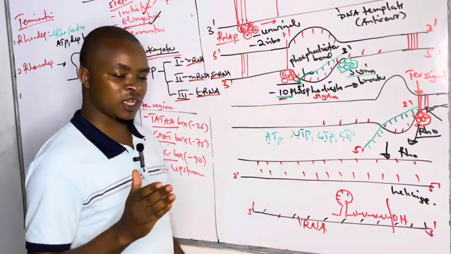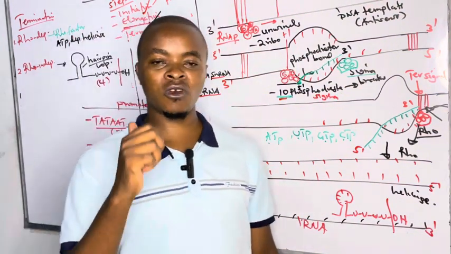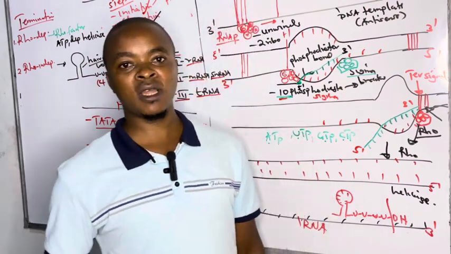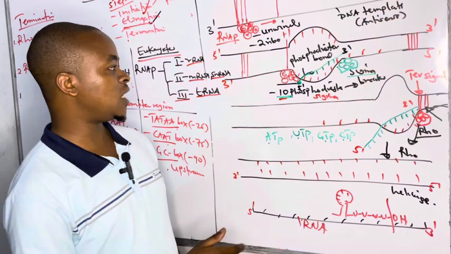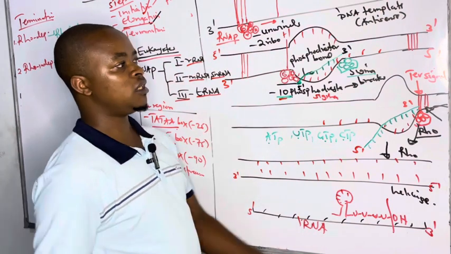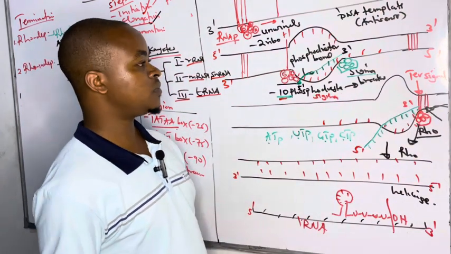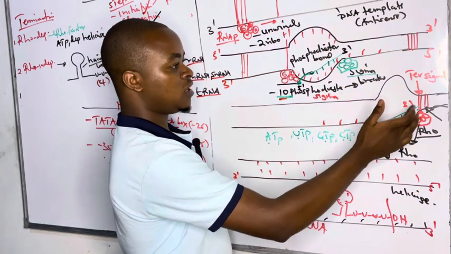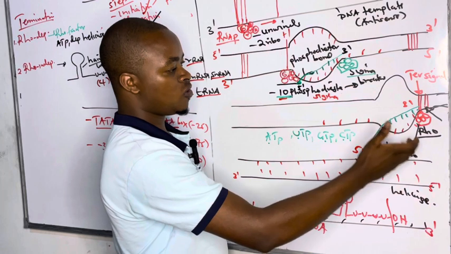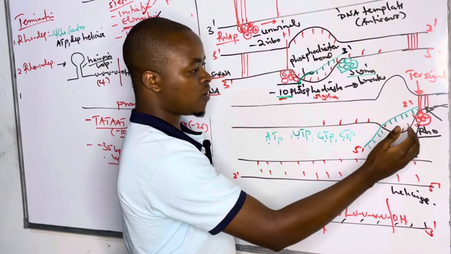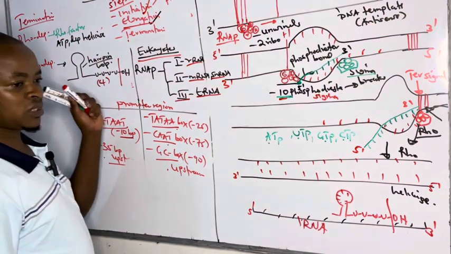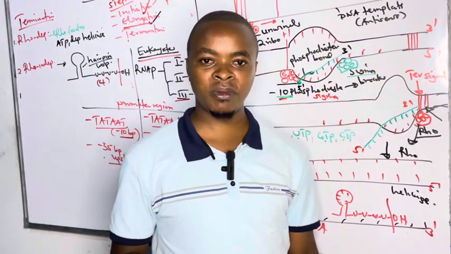And we don't forget that the synthesis occurs on the template, or what we call the antisense strand. That is where it occurs, which is from 3' end to 5' end. And we have seen that if it continues, it reaches the termination signal, whereby the RNA core enzyme stops there, and it is terminated by 2 mechanisms, which is rho dependent and rho independent.